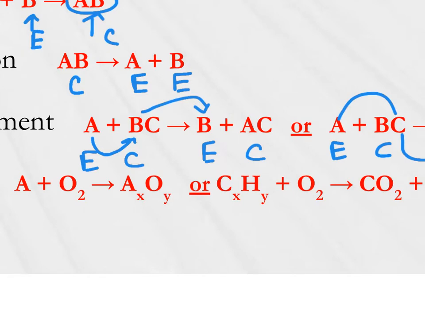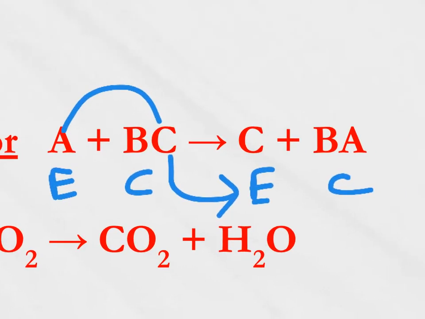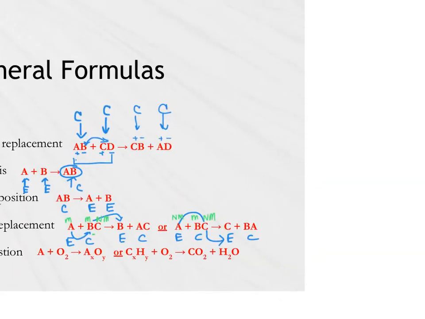Since B is listed first, that's a metal. So this is a metal and a metal and a non-metal, and so the metal is going to replace the metal. If you look over here, do you see how C is listed second? This is going to be a non-metal, and a metal and a non-metal. So the non-metal kicks out the non-metal.